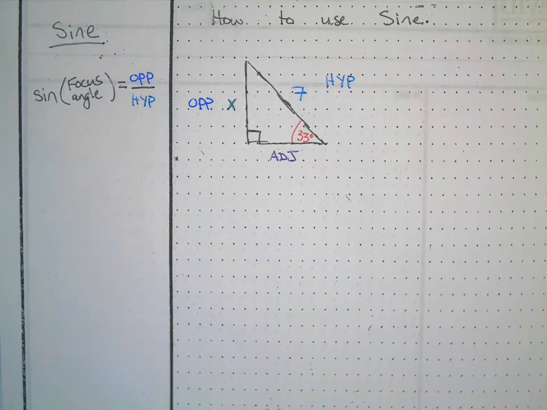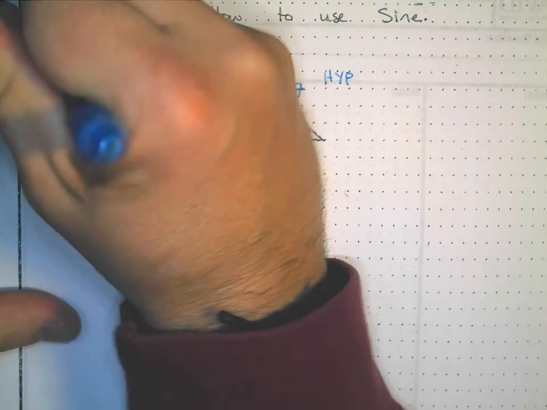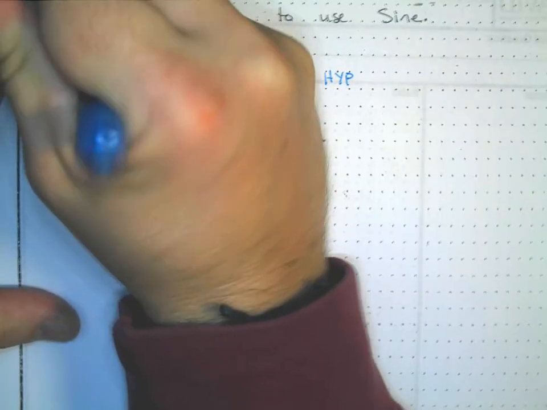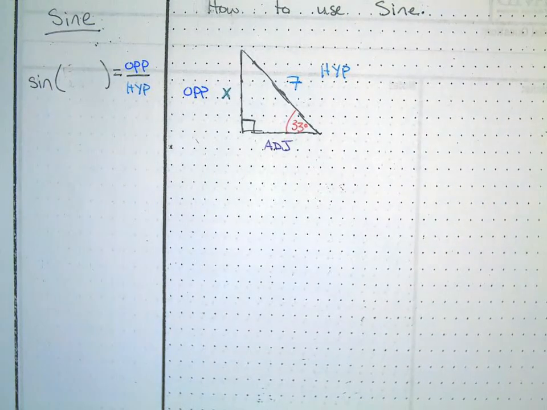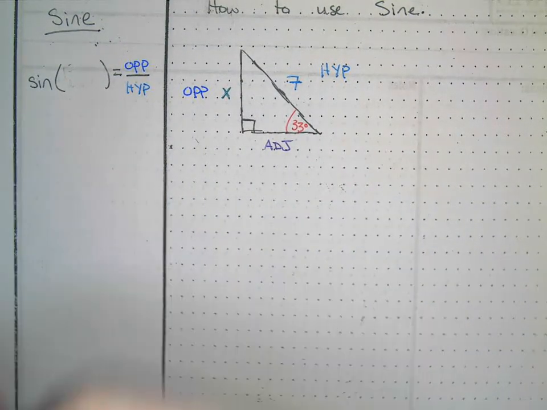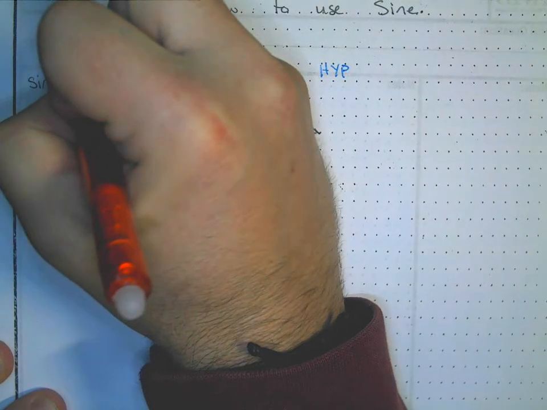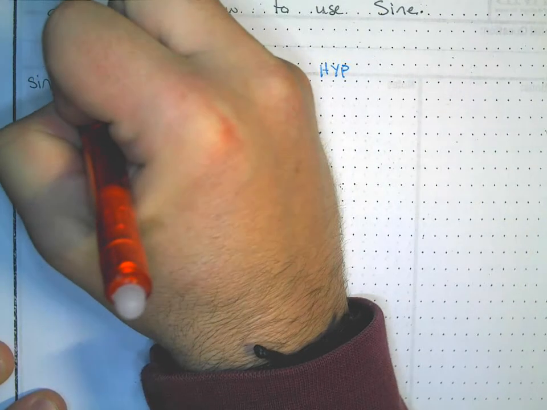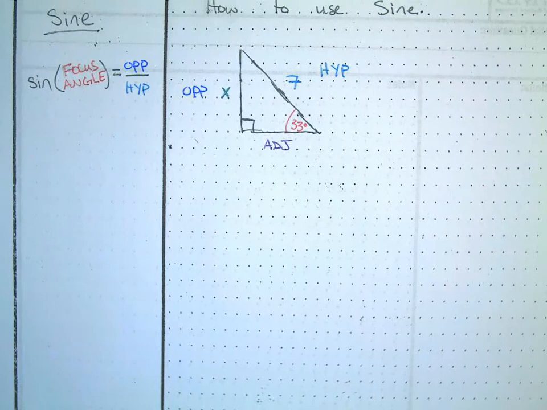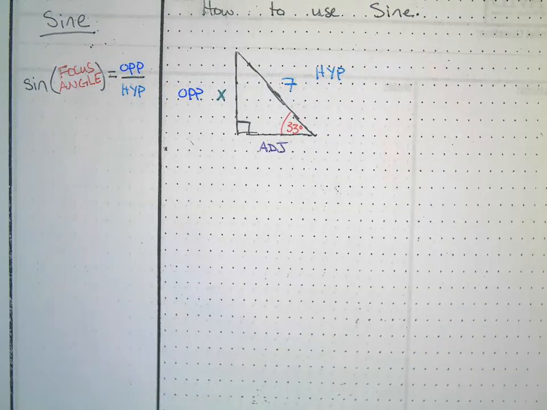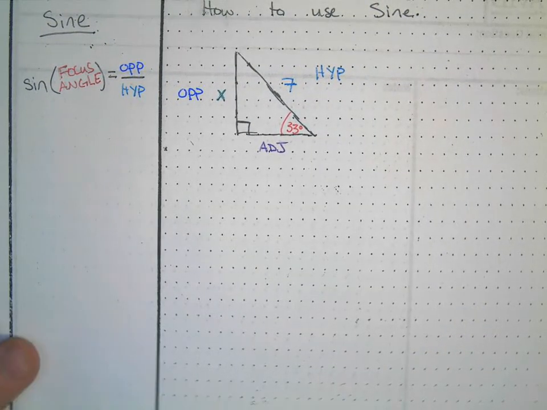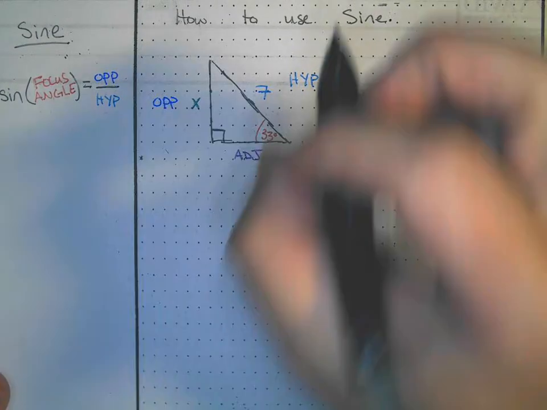Sine of the angle is equal to opposite over hypotenuse. So what we're going to do is we're going to write sine.